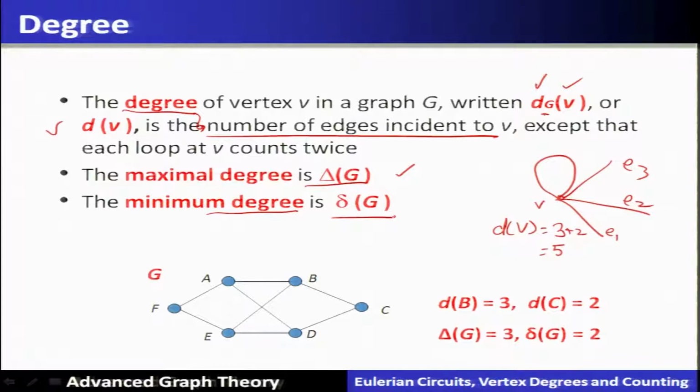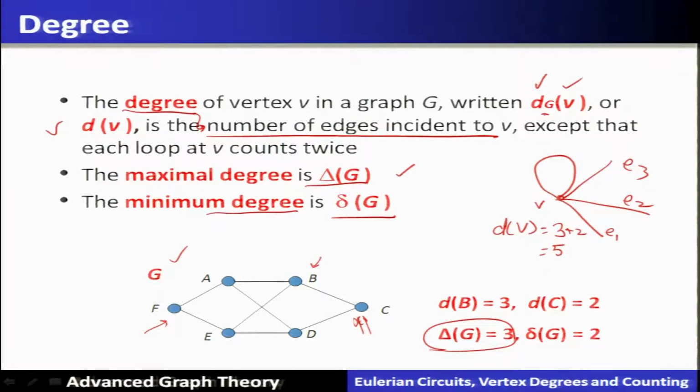So, here in this particular example we can see that the degree of B is 3, the degree of C is 2, and there is no other vertex having degree more than 3. So, hence the maximum degree of this graph is 3. C has degree 2, and no other vertex has degree less than 2.